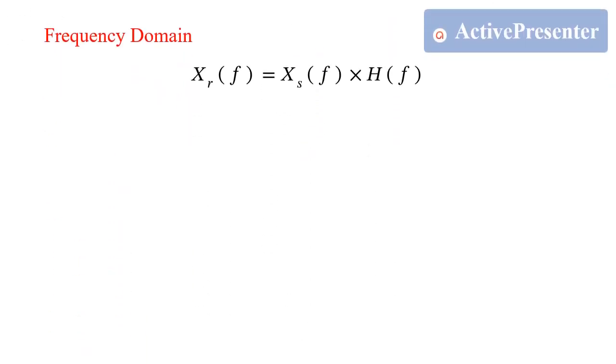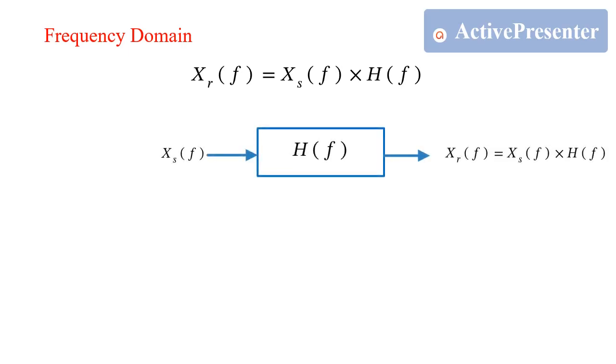This multiplication operation, that is multiplying the spectrum of the sampled signal with a gate pulse, has been done in the frequency domain. The low pass filter acts as a system having the transfer function H(f). The input to the system is the spectrum of the sampled signal and the output will be the spectrum of the recovered or the reconstructed continuous time signal.